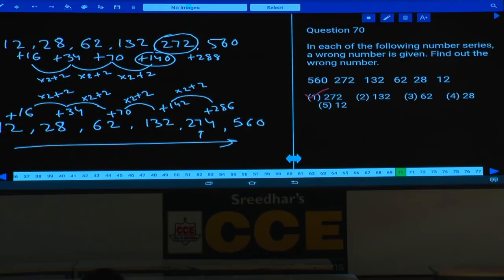Now 2 more are left, all right? 66 and 69.